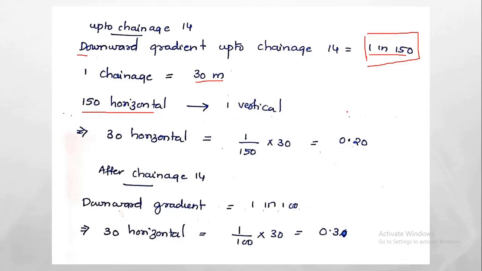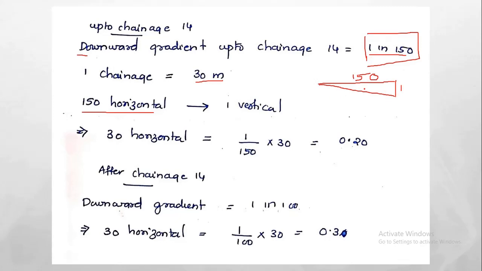That is the rate of elevation change. For example, see the difference if we are considering the slope. Okay, if suppose the horizontal distance is 150, this vertical distance will be 1 meter.